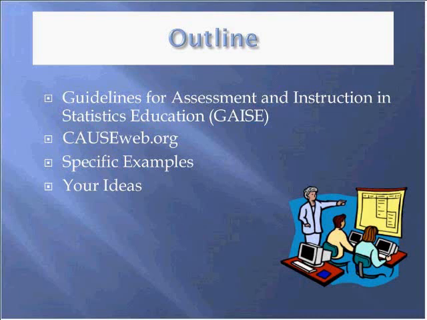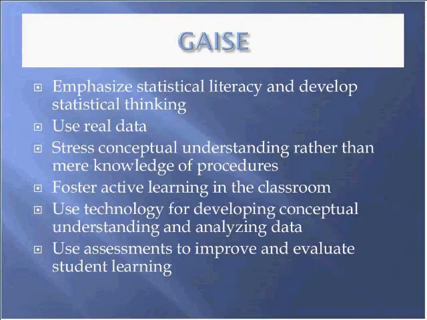And then I'll talk about CAUSE-Web, describe how to use it for browsing and how to use it for searching. And then I'm going to talk about some specific examples that I think you would really enjoy using in your classrooms. And then I'm going to ask to pick your brains to see if any of you have some favorites that you'd like to share also.